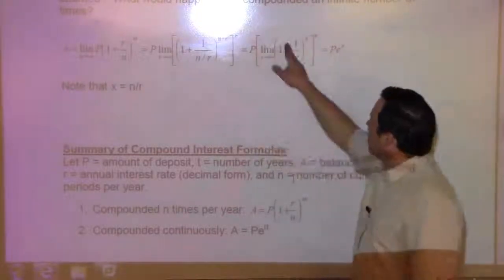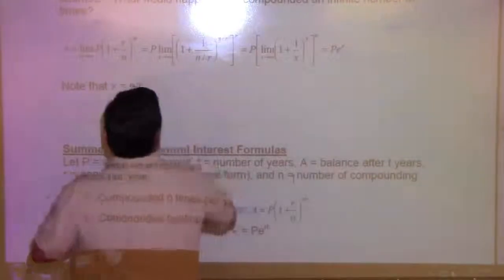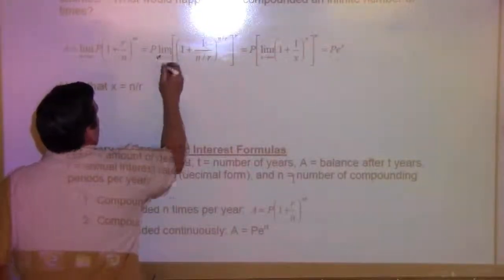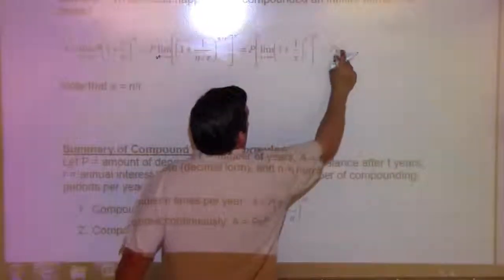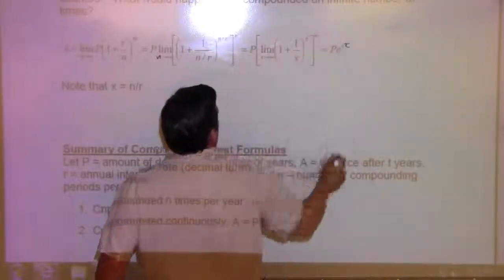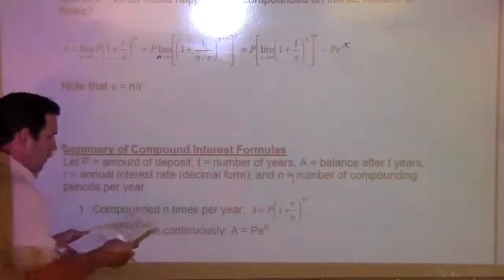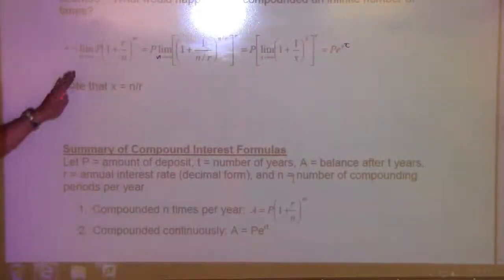That's where I made the substitution here. So I think I should have kept this part as an n still. And then you get your Pe to the r, and then we have time on the outside of this. So that's our formula for continuously compounded interest.